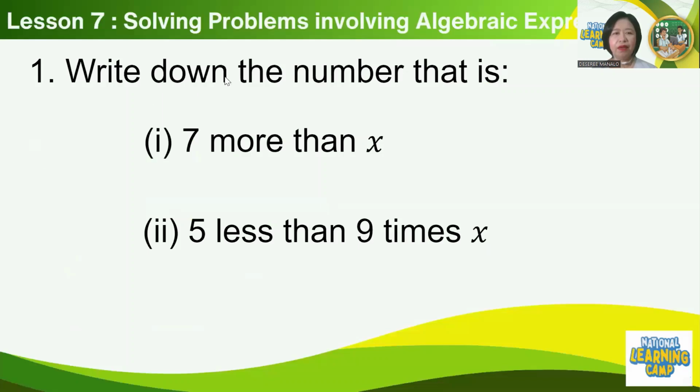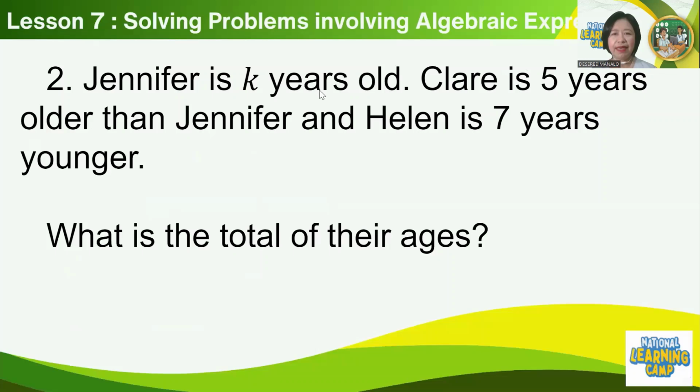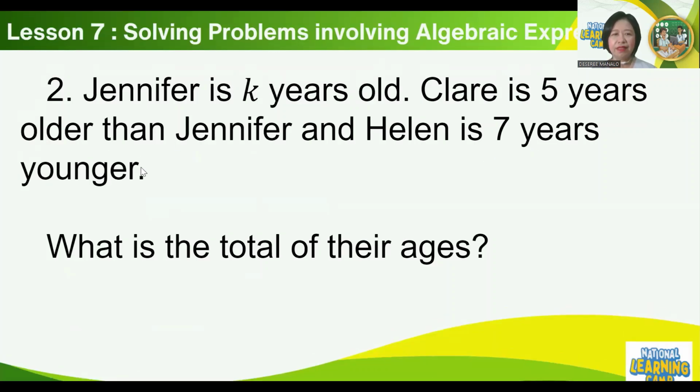1. Write down the number that is 7 more than x, and 5 less than 9 times x. 2. Jennifer is k years old. Claire is 5 years older than Jennifer, and Helen is 7 years younger. What is the total of their ages?